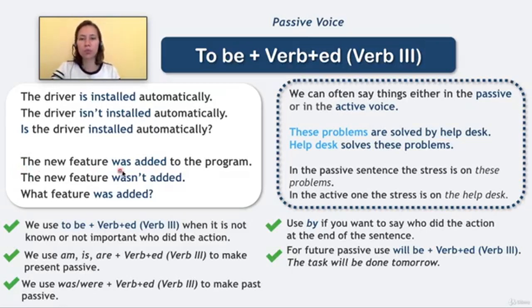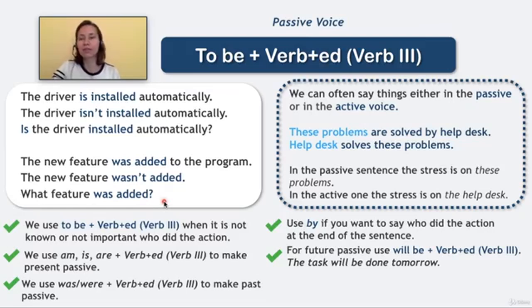The new feature was added to the program. Again, you see was because this is what you change. To be changes into was in this sentence. So you get past simple passive. The negative sentence, the new feature wasn't added. In the question, what feature was added?